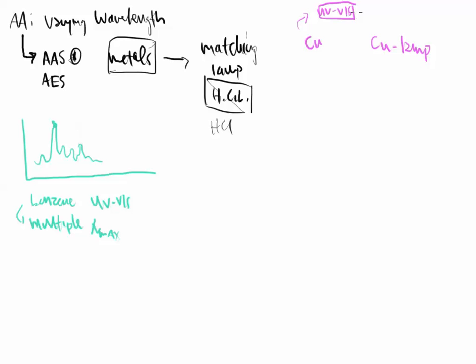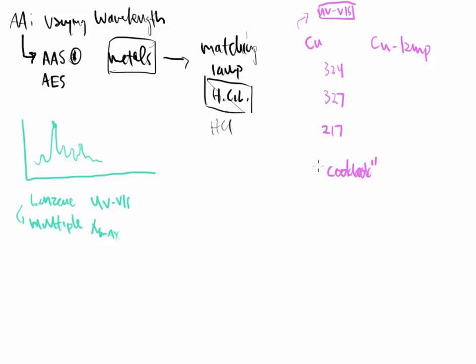You look at all of these wavelengths for metals for the atomic absorption spectrometer, and they will be in the range of UV and visible almost every single time. So it's not uncommon to see copper measured at 324. It's not uncommon to see copper measured at another wavelength of 327. It's not uncommon for copper to be measured at another wavelength like 217. And all of these will be listed in what we call the cookbook.